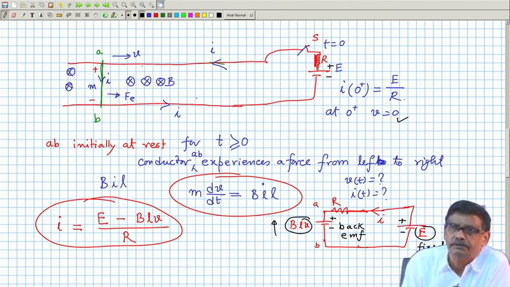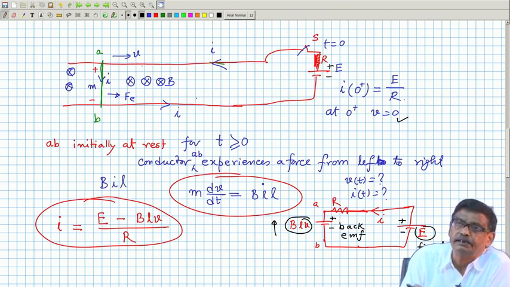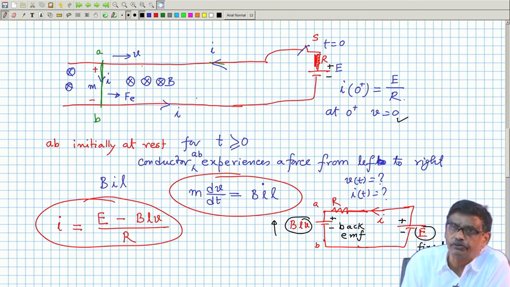No, because in a frictionless environment, to move a thing you do not require any force to be applied. Is that clear?